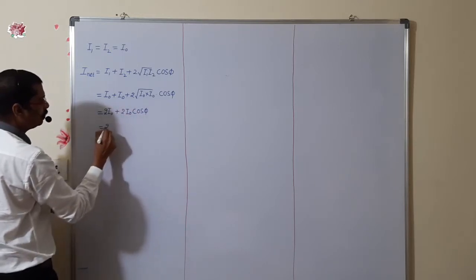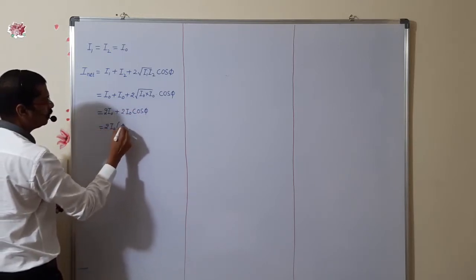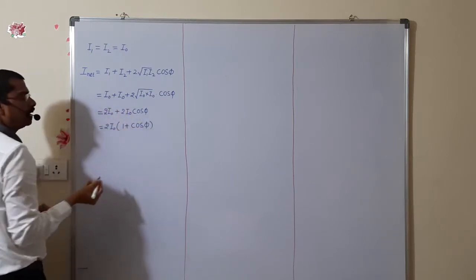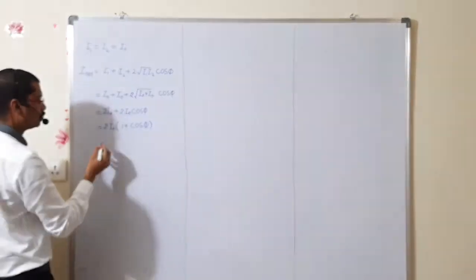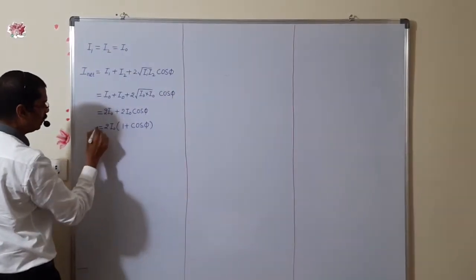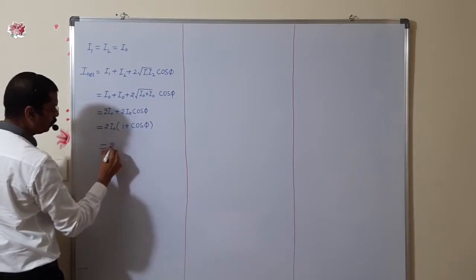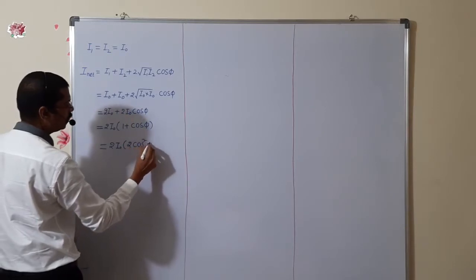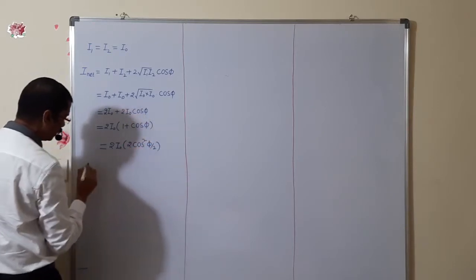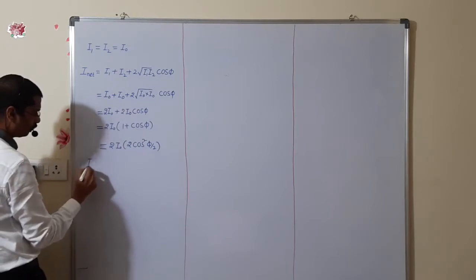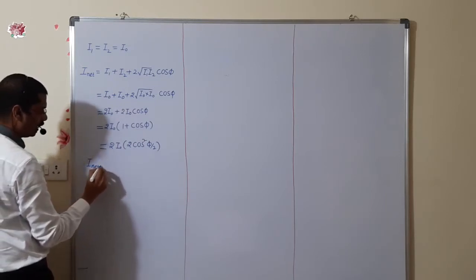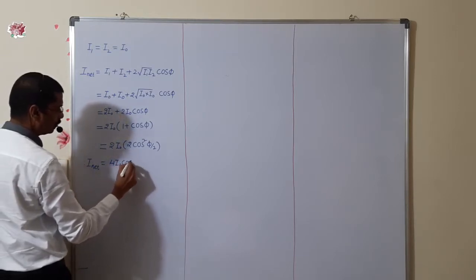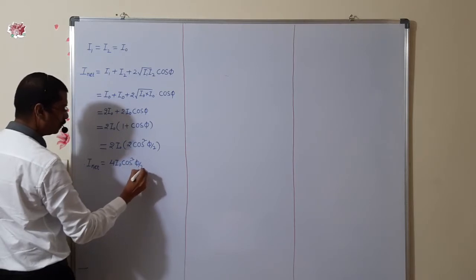If I take the common 2I0, 1 plus cos phi, we can write 1 plus cos phi as 2 cos square phi by 2. Then 2I0 into 2 cos square phi by 2, therefore I net is equal to 4 I0 cos square phi by 2.